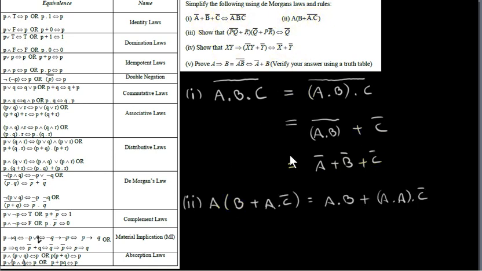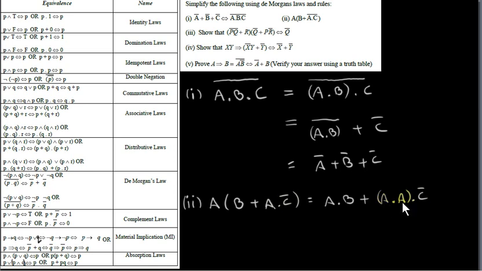Now in this second example, we can start by using the distributive law. So for this distributive law, we have P dot (Q plus R) is equivalent to P dot Q plus P dot R, just like in ordinary algebra. We can take the A and multiply it into the terms in the brackets. Now, when I combine A with A dot C bar, we have three propositions, and the operator is just the AND operator, so we can take any two at a time.